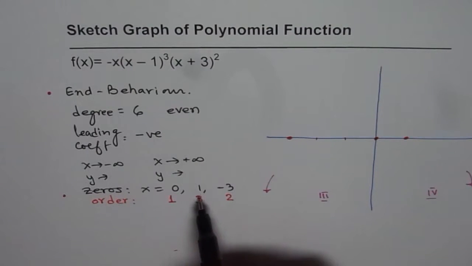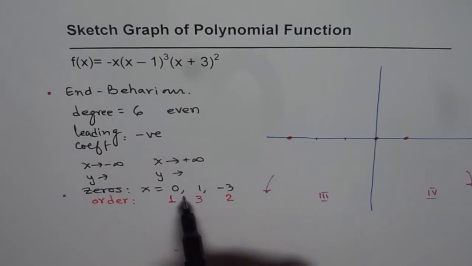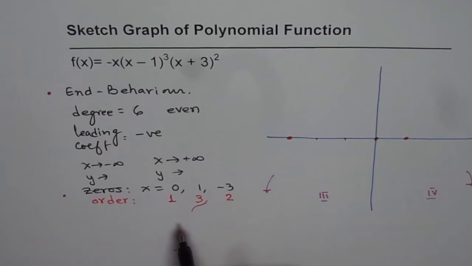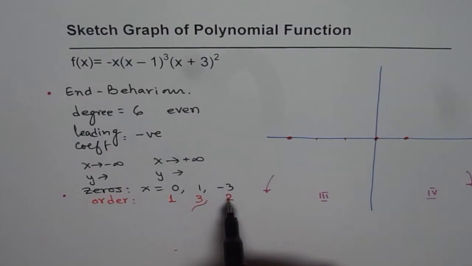When the order is 3, then at the x-intercept it will behave like a cubic curve, like this. And when it is of order 2, it has to turn, it will not cross, like the vertex of a parabola.